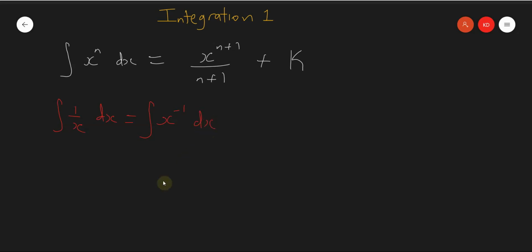Now we may be inclined to use this basic formula up here. Let's see what happens when we do that. So if we write back our x to the -1 plus 1, and we divide by -1 plus 1, and of course we add our k, that's what we would be thinking.